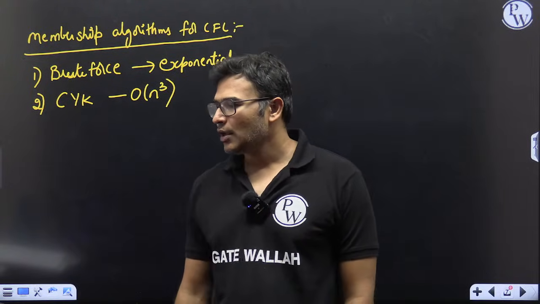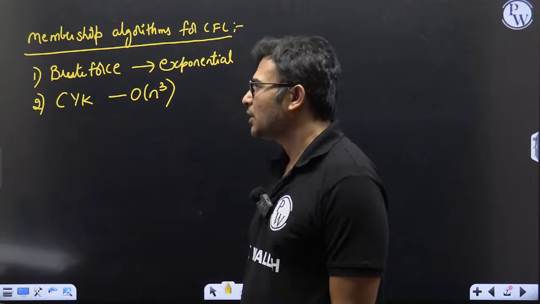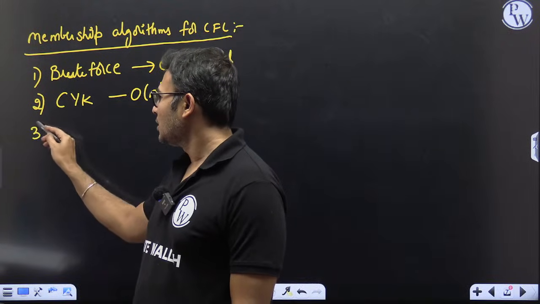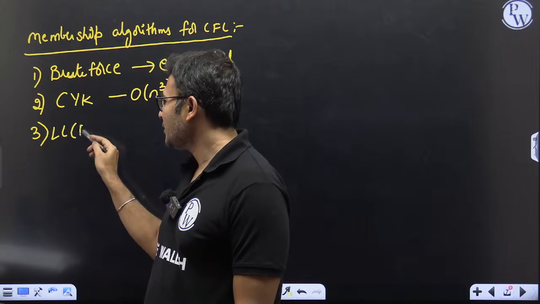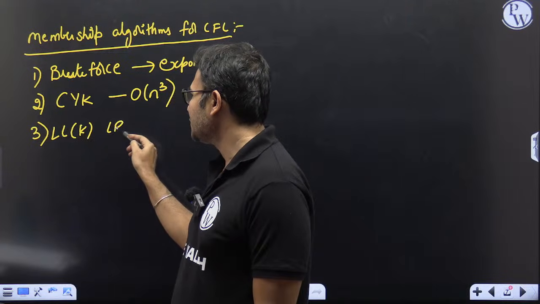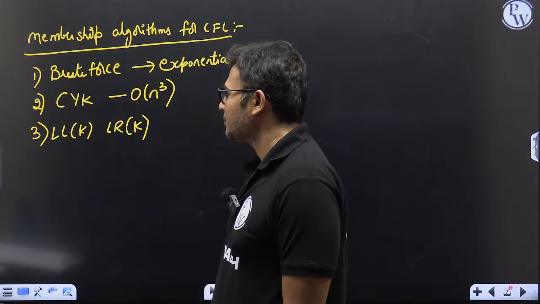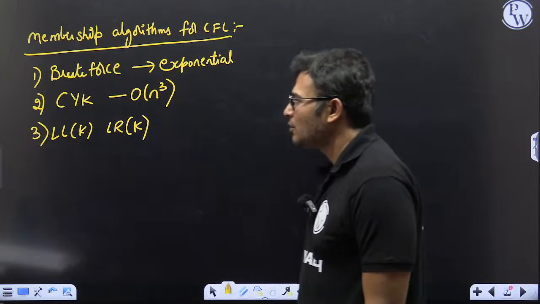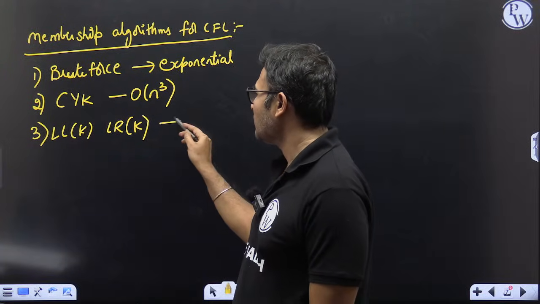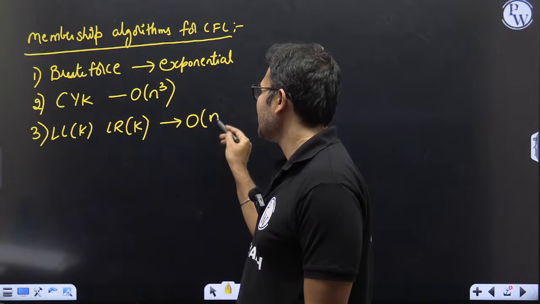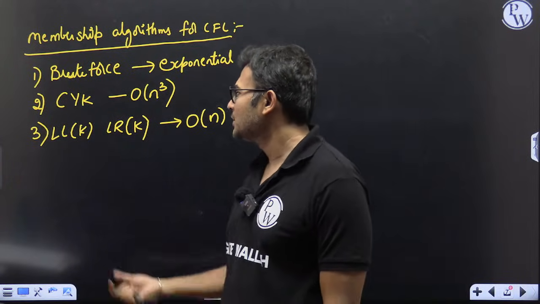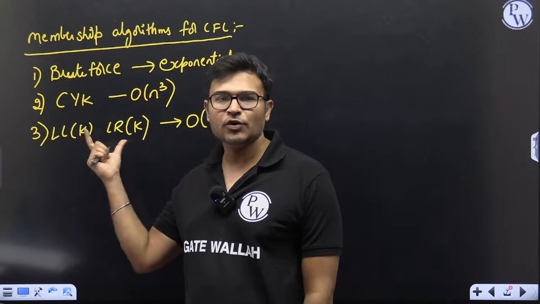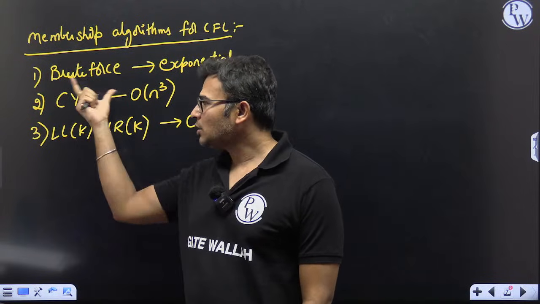right? And there are other membership algorithms like LLK and LRK, which are used in compiler design because they take less complexity, order of n. But the problem is LLK and LRK will not be able to parse all the grammars.